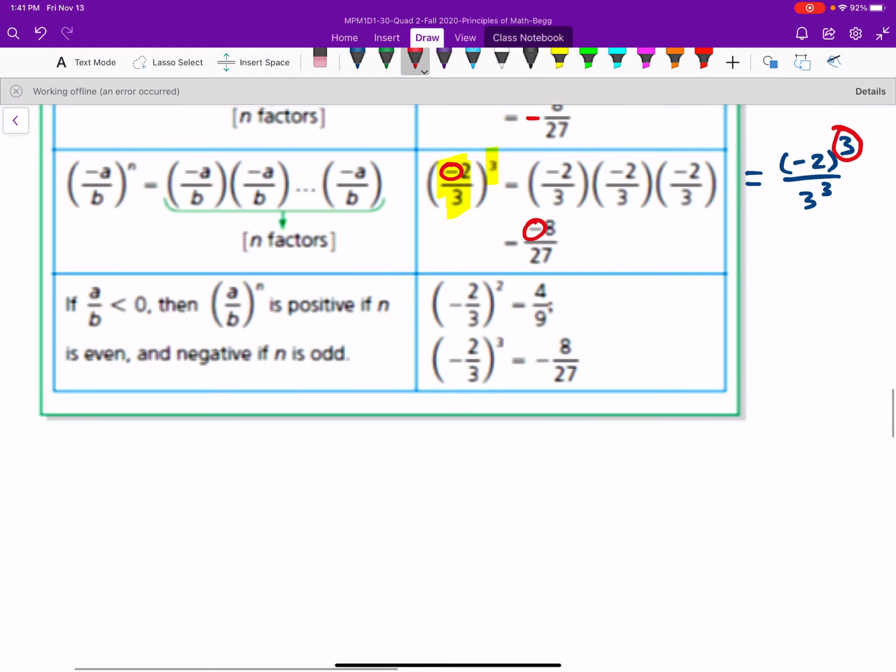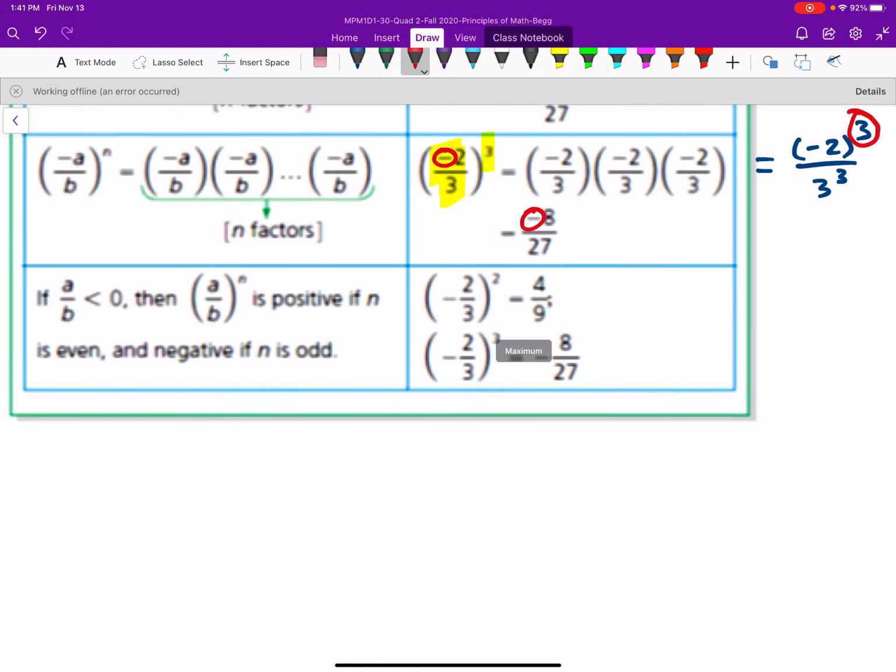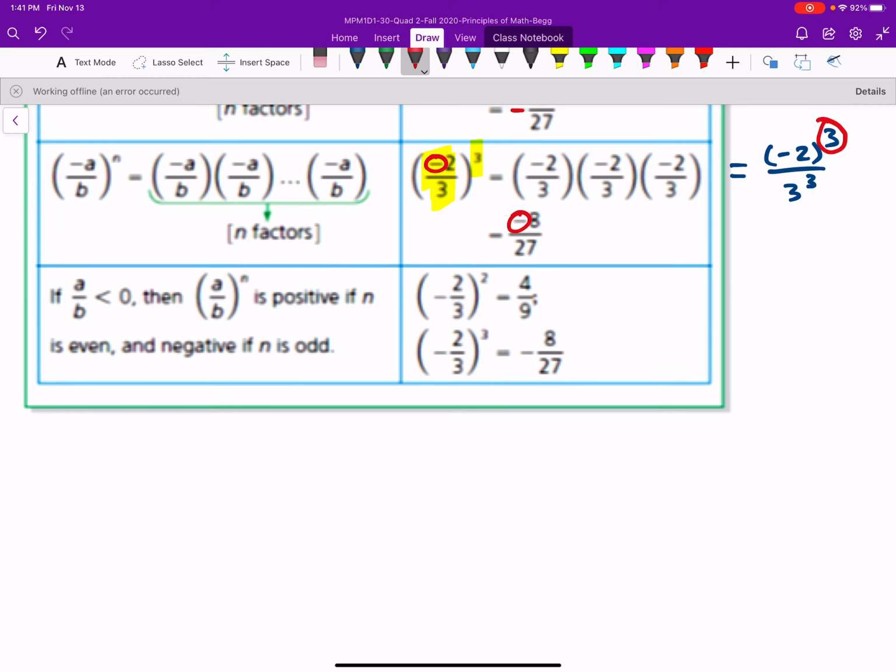And that's exactly what I was just talking about in the last line here. In this case here, we've got an even exponent, 2. Because it's the same as if I put that negative on the 2 here, so negative 2 squared over 3 squared. Negative 2 squared is negative 2 times negative 2, positive 4 over 9.